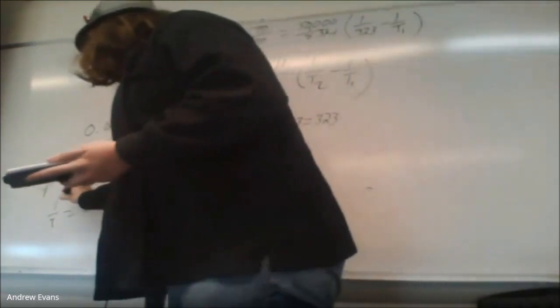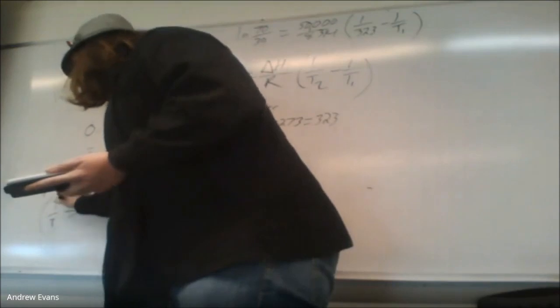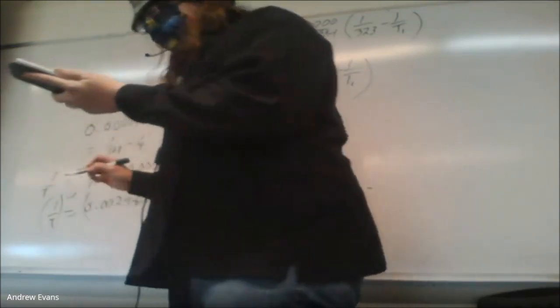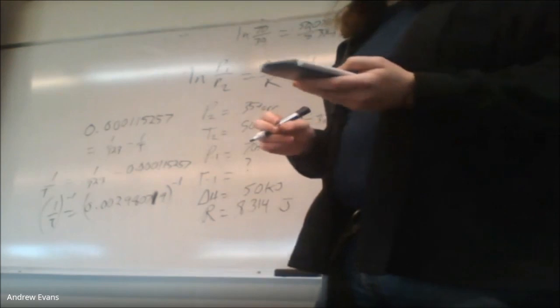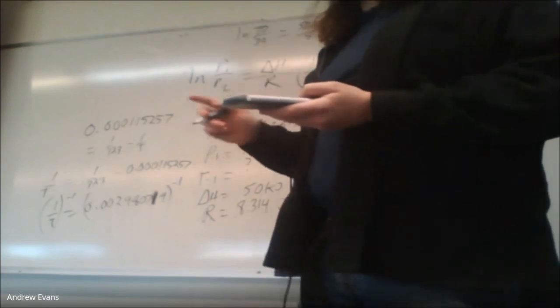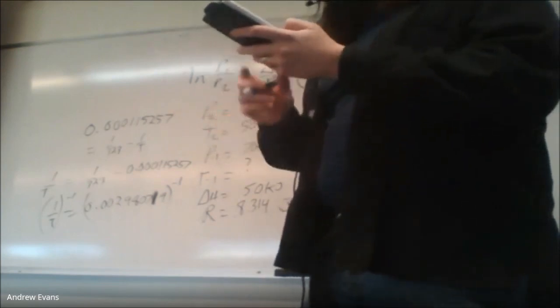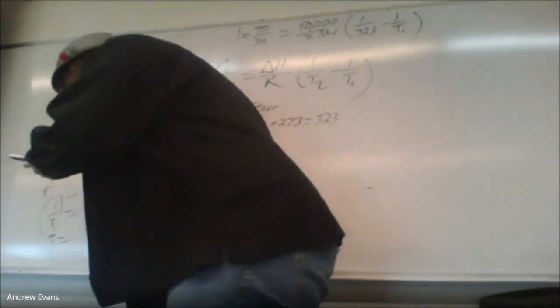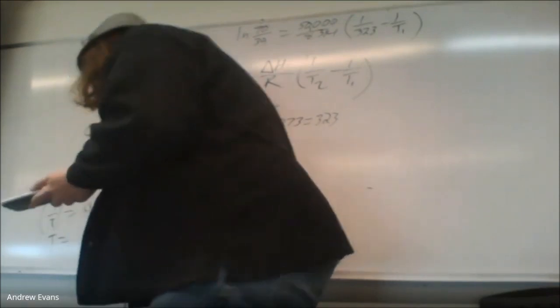You're going to have to take the inverse. That's going to flip that over. The inverse, 1 over x button or x to the negative first button. It depends on what calculator you have, but you're basically flipping this to get the temperature. So the temperature you get is 335.5.